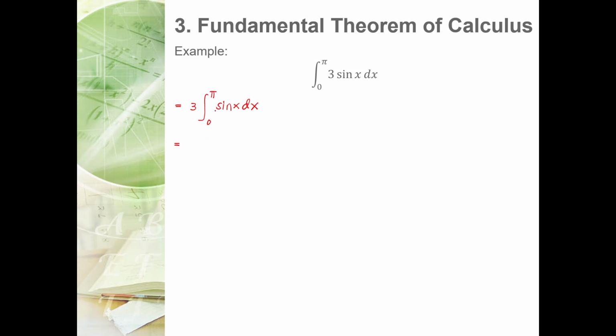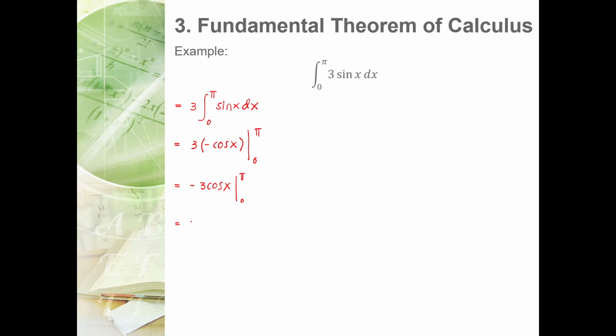So the integral of sine x is negative cosine x. So again, that will be from 0 to pi. So we have negative 3 cosine x from 0 to pi.